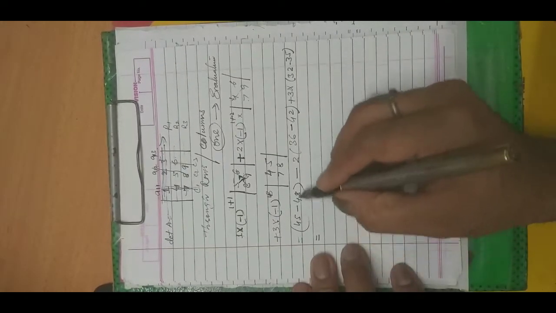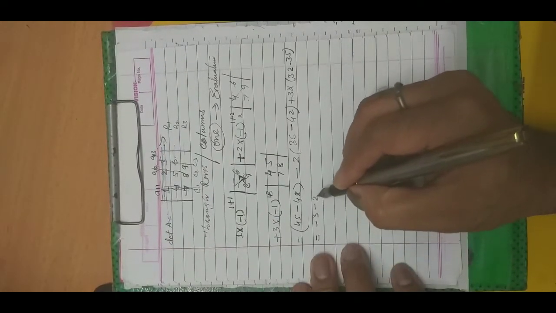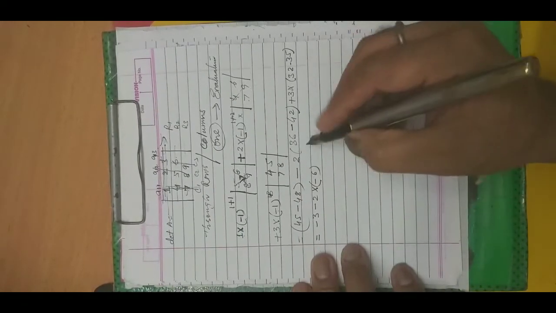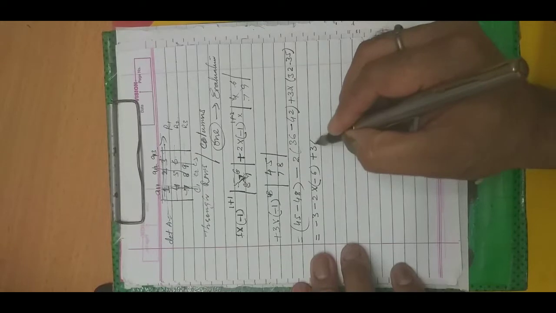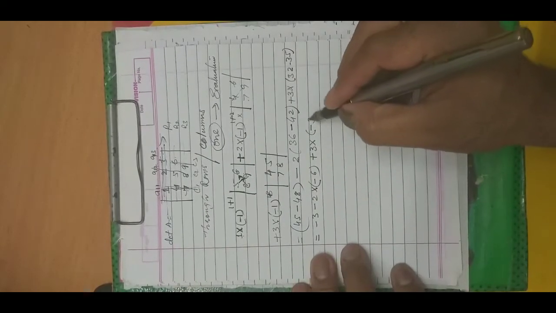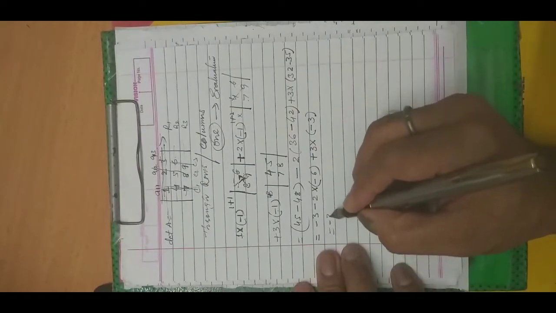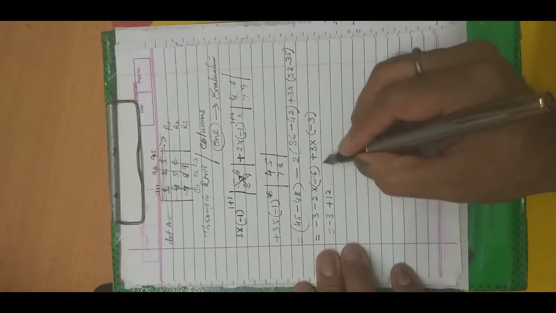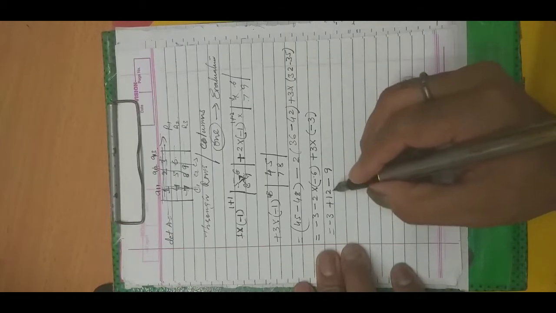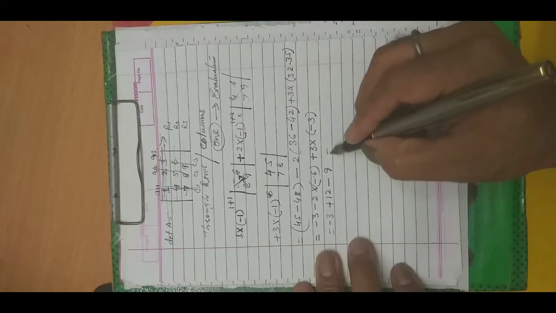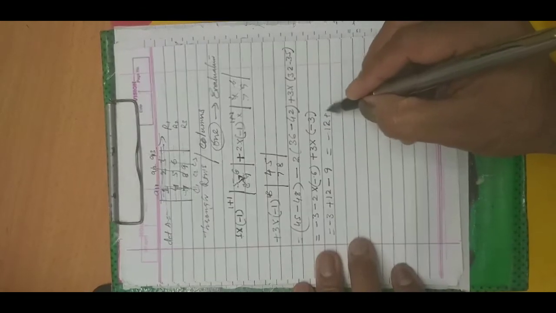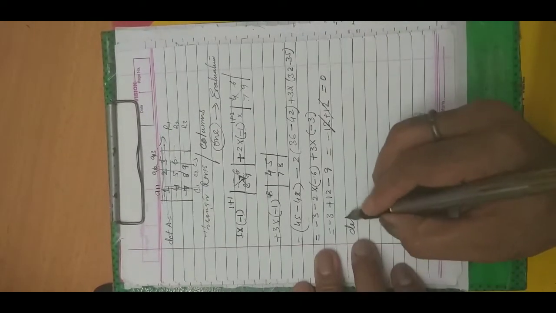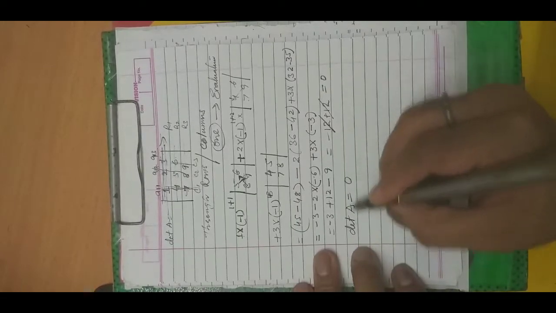So this is equal to minus 3 minus 2 into minus 6 plus 3 into minus 3. Minus 3 plus 12 and minus 9. So minus 9 and minus 3 minus 12 and plus 12 is equal to 0. So determinant A is equal to 0.